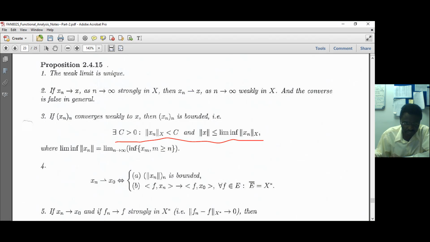We have the limit there, and we take the infimum of this set where m is greater than n. Because of this norm. If I remove the norm, then I don't need the norm inside. So I also need the norm inside. Really messy. So what I would do, I would just indicate that this is actually the norm. Okay.